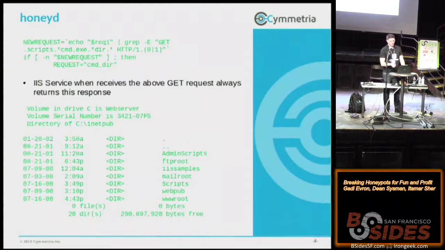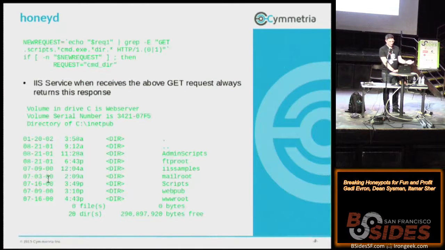For example, the IIS service, when it receives a specific GET whose purpose is to find shell execution vulnerabilities, always returns the same value. And as you can see, the problem with that is that this is a service that nobody's used in 16 years, judging from the dates of the directory answer.